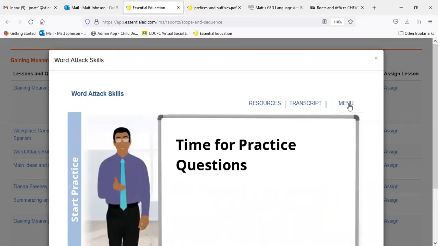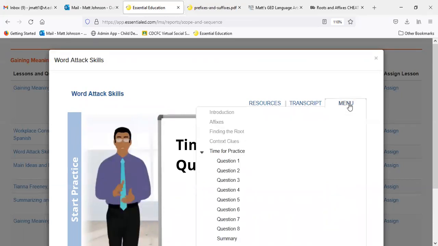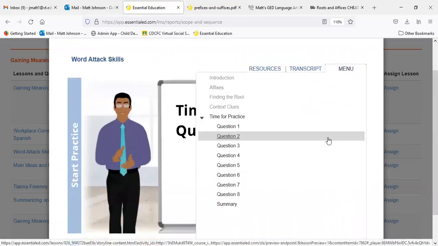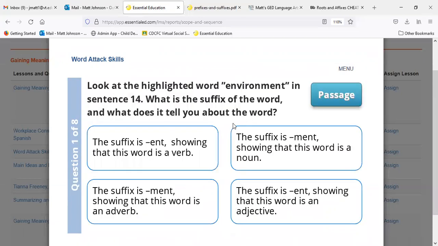The other thing I want to mention, you don't have to watch the whole video again. If you ever want, you can always retake your quizzes and your practice quizzes. You can just go to the menu, open it up, and go straight to question 1, and it'll be there. Before we leave, I'll let you guys work on your quiz.